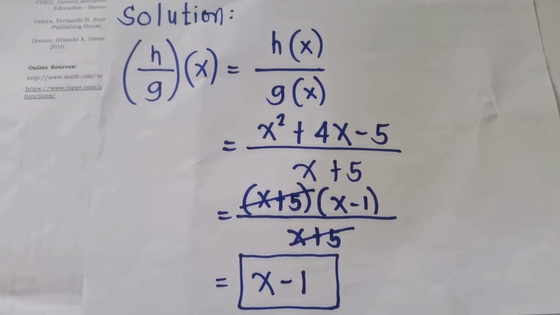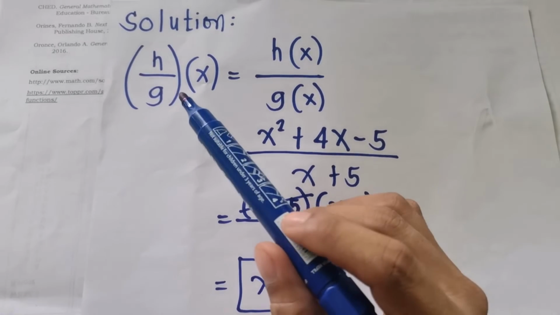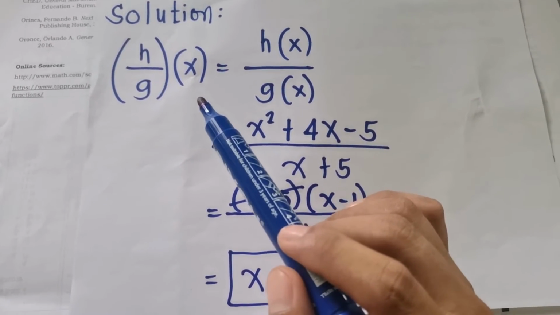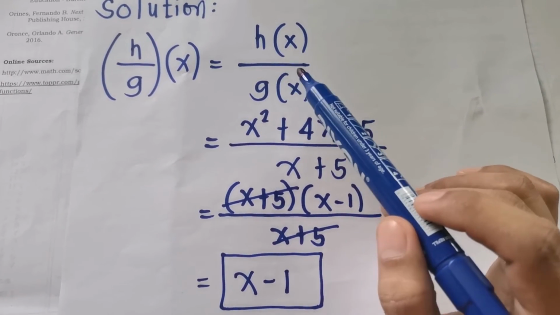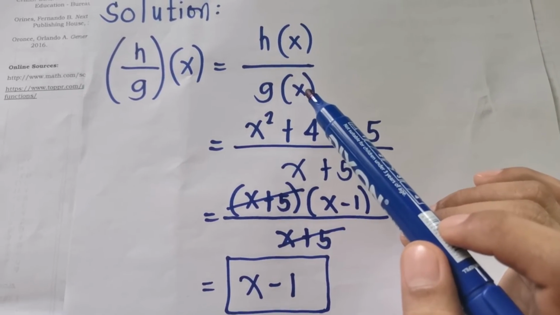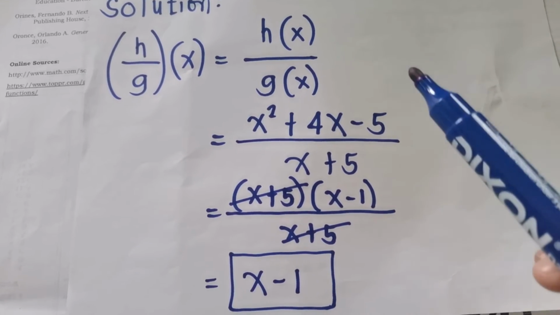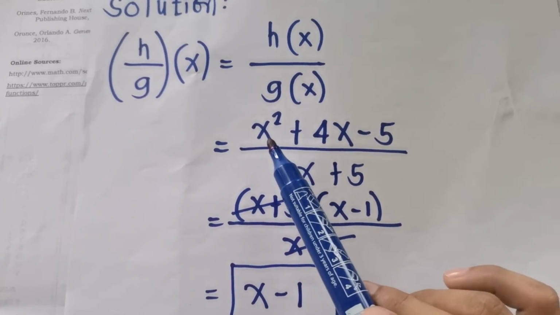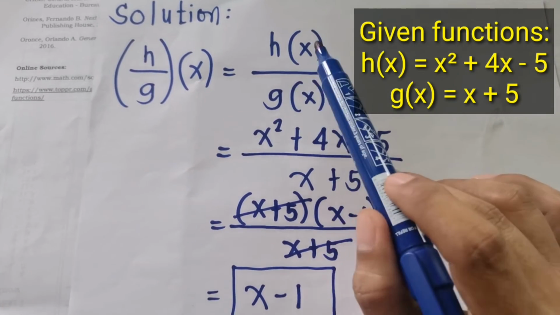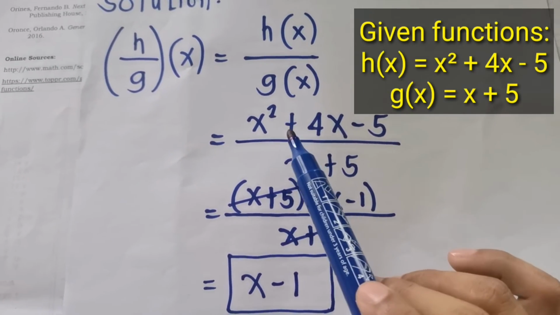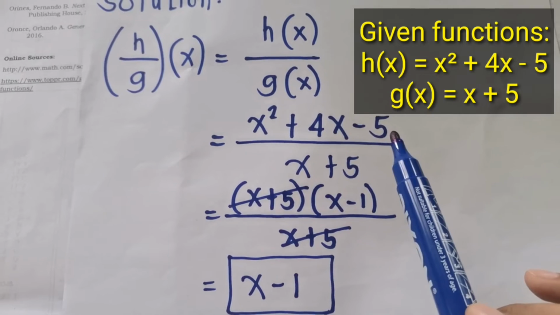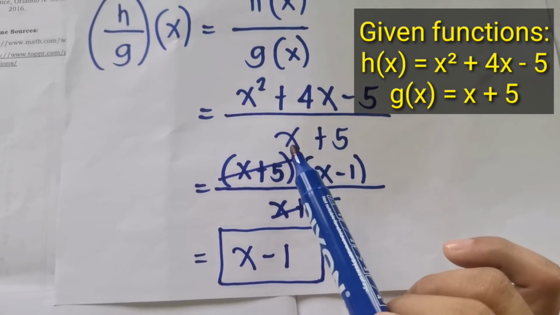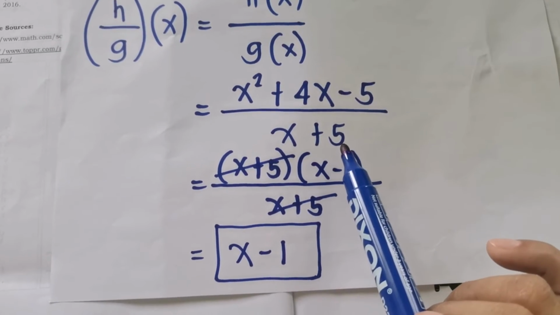For the solution, the quantity h over g of x is simply equal to h of x over g of x using the given definition. Then we will replace h of x with the given function, x squared plus 4x minus 5, and also g of x, that is x plus 5.